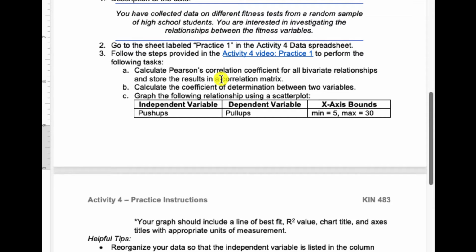I'm only going to do one example between push-up and pull-up data, but in your quiz, you might be asked to look at the relationship between other variables. I can't ask you to paste a graph into the quiz, but I can ask you things like, if we've identified some variable as the independent variable, what axis would that be plotted on?